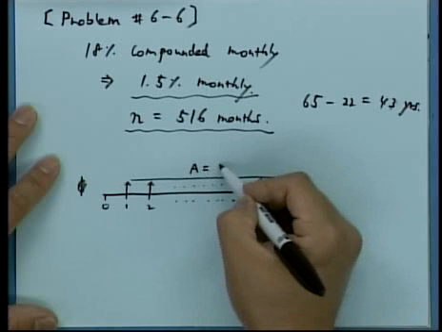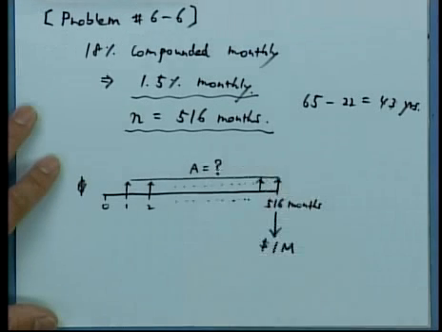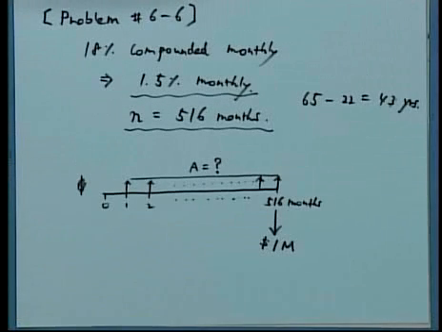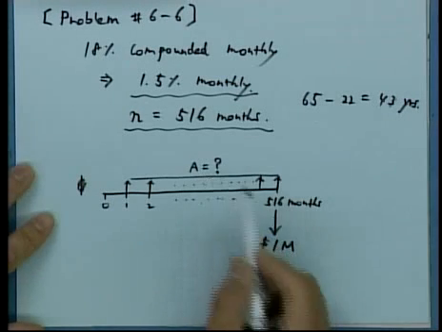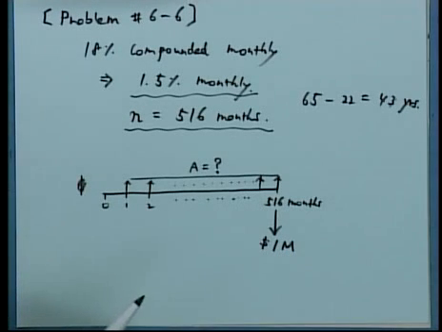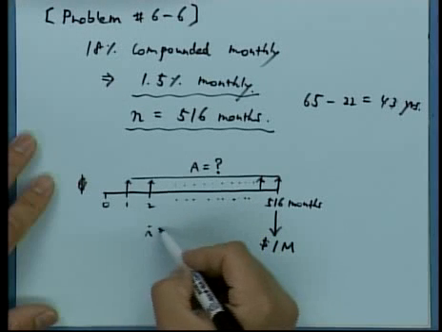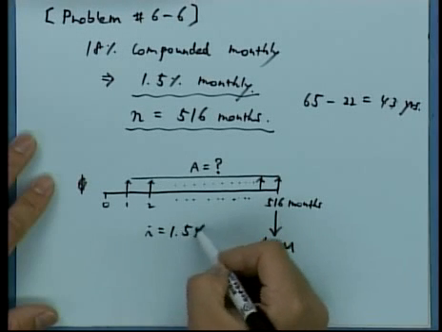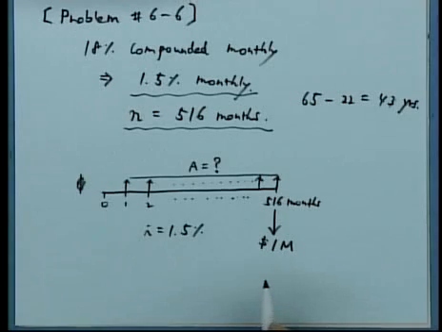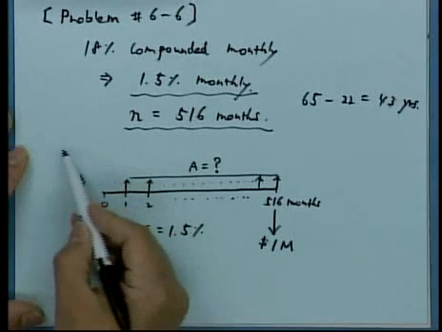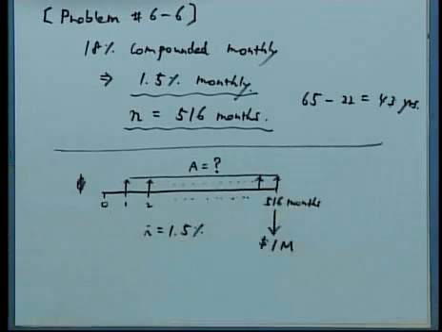So he wants to find the equivalent uniform annual cost, right? And you're going to use the 1.5% monthly interest rate, okay? So here's the situation.